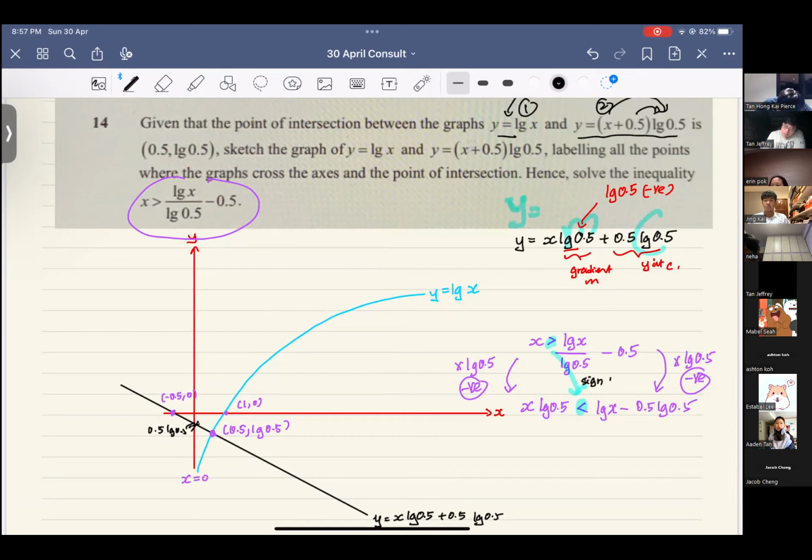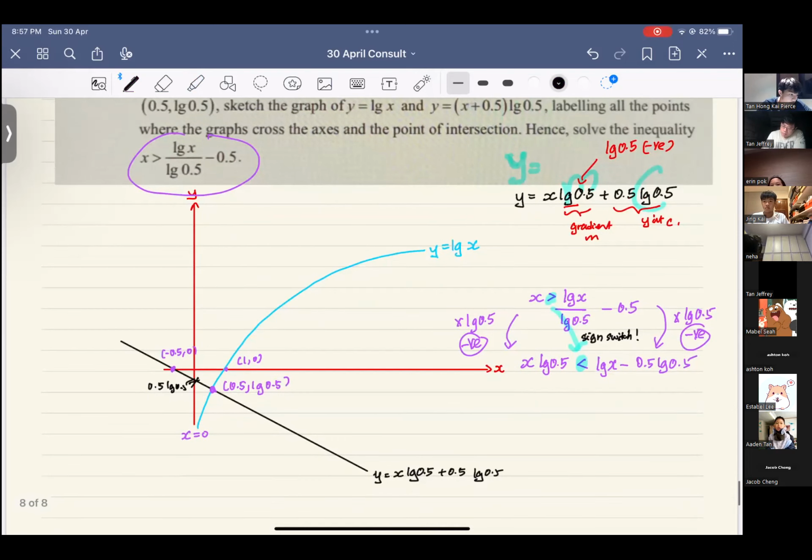Now from here, add 0.5 log 0.5 to both sides. You have x log 0.5 plus 0.5 log 0.5 on the left. The right hand side is just log x.